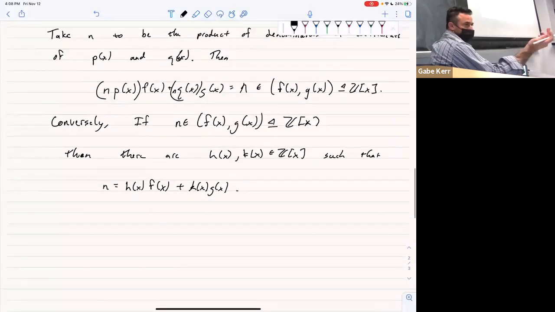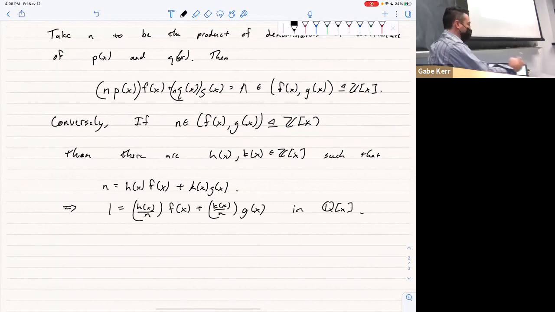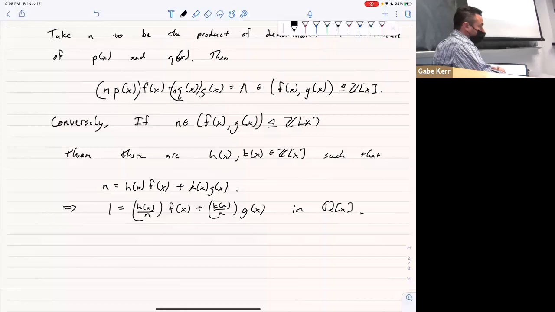So we can do kind of the opposite way. That means that they're relatively prime.